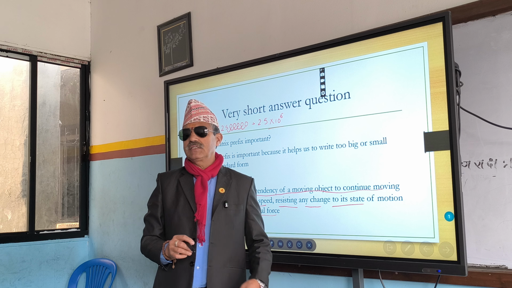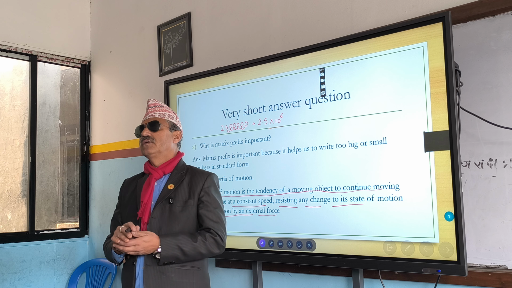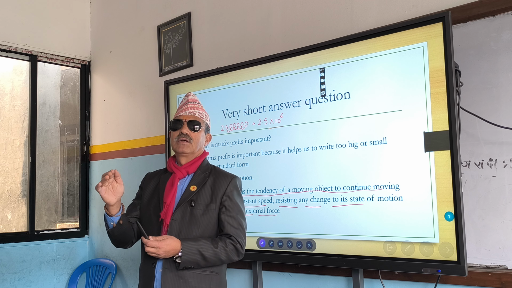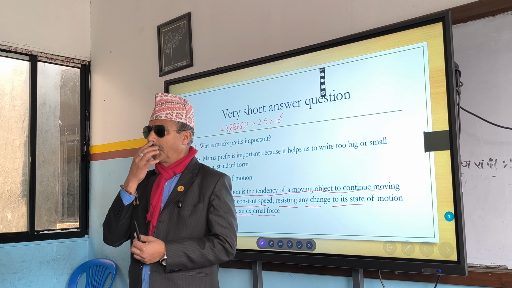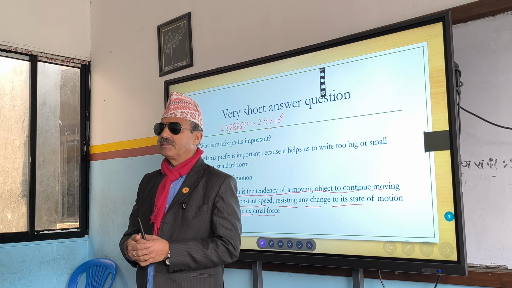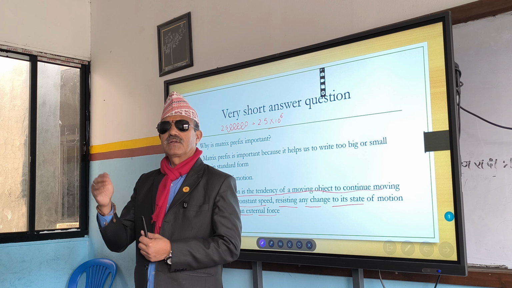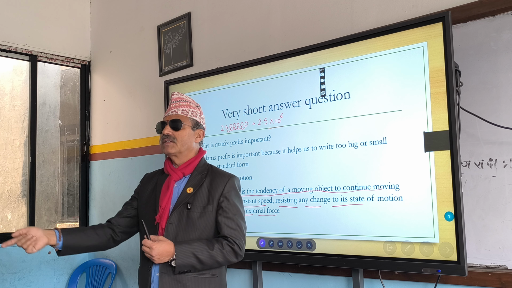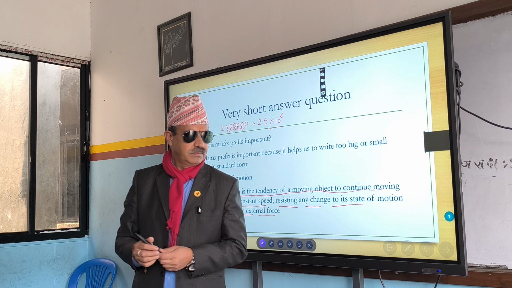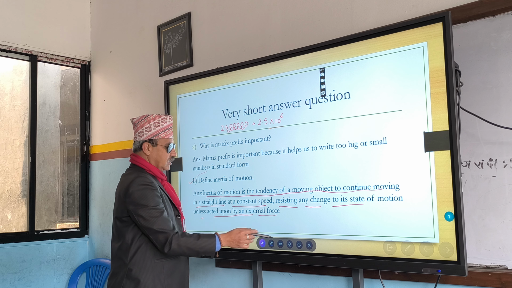So, inertia of motion says if a body is moving, it moves continuously like Earth. Has the Earth got some velocity or not? With that velocity, it keeps on moving. Because of that, it revolves around the sun. That is inertia of motion.